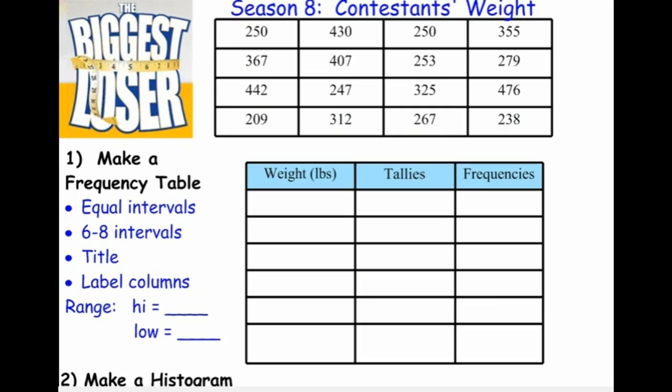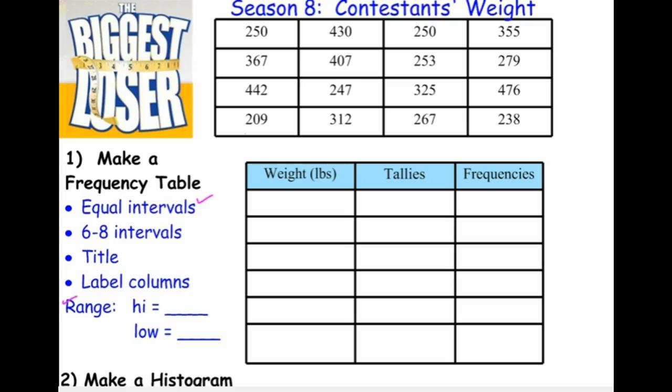So I have some data here from season 8, the contestants' weight when they were on The Biggest Loser. This was their beginning weights. We're going to use that data to take us into a frequency distribution first and then into a histogram. First thing I want to do is create equal intervals. But in order to do that, I need to know what the range of my data is.